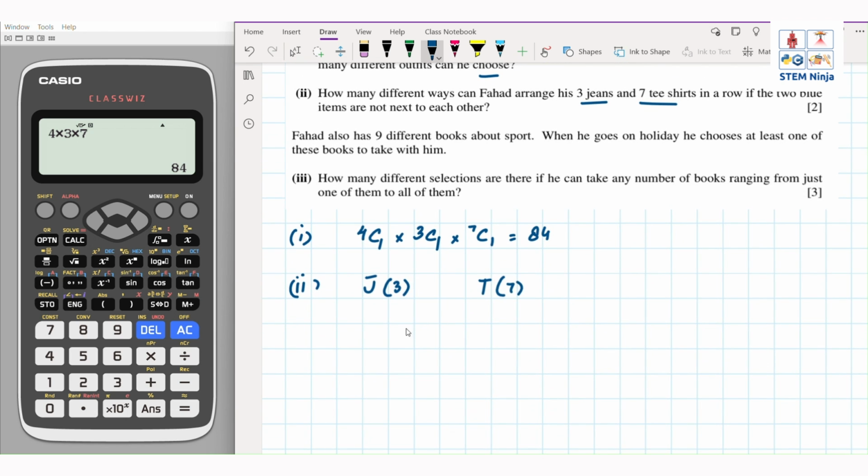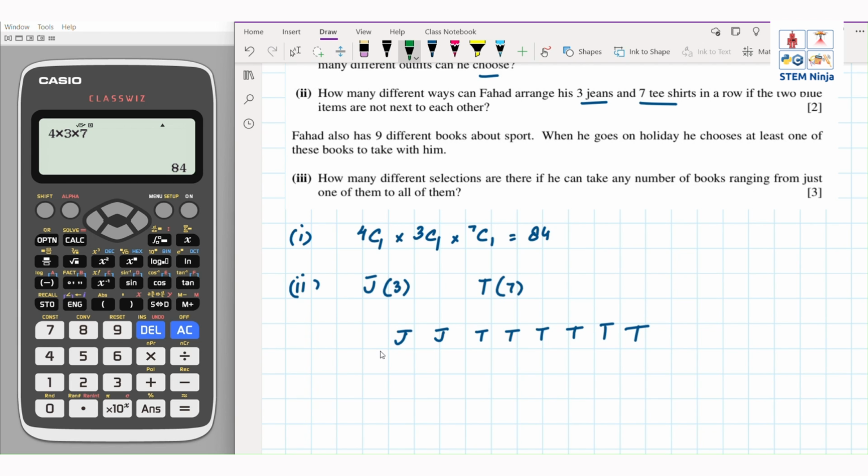So what we can do over here, there are 2 ways. We can find the total number in random order, and minus those instances when they are together. However, there's an easy way to handle this also. So we have 2 jeans and 6 t-shirts that are not blue. So these are not blue.